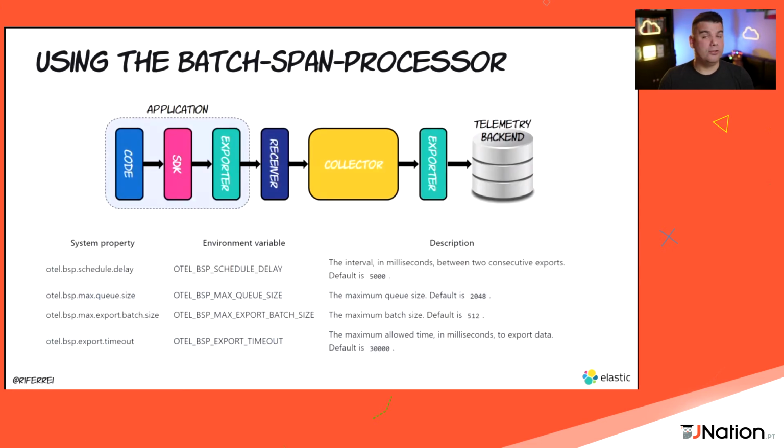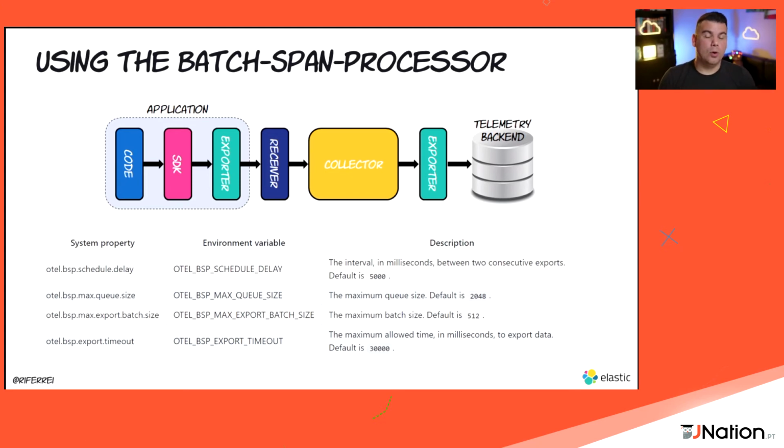Another thing, let's talk about performance. Everything in the tracing world for OpenTelemetry has to do with spans. So if you got the idea at this point, when you are instrumenting an end-to-end transaction, this transaction is going to be broken down into an entity called a span.